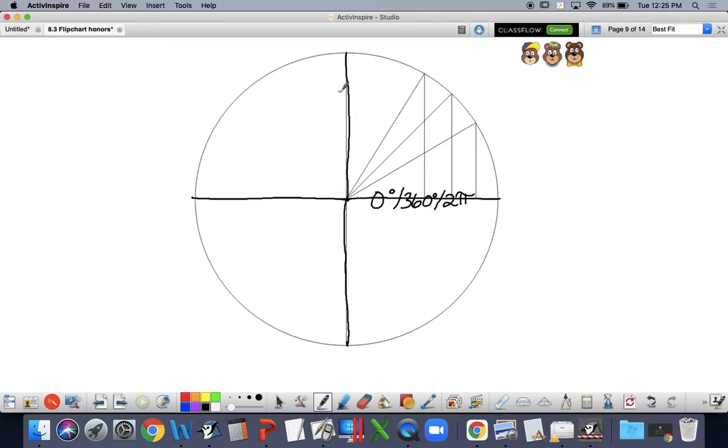Up here we have 90 degrees, or pi over 2 in radians. Then we have 180 degrees, or pi in radians. And then down here we have 270 degrees, 3 pi over 2 in radians.